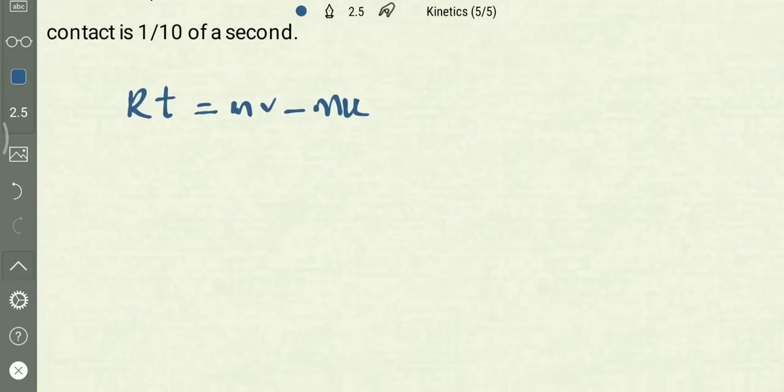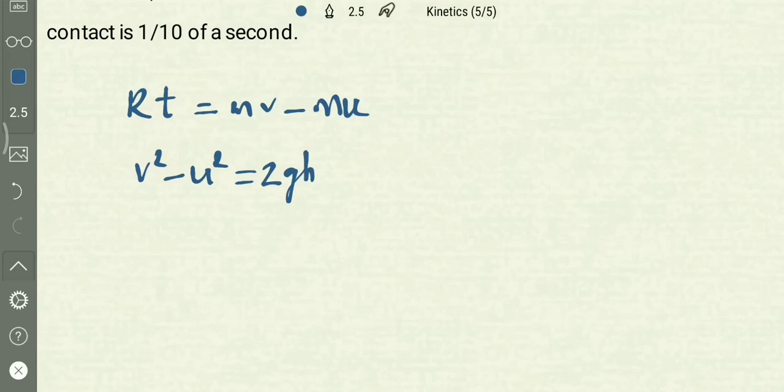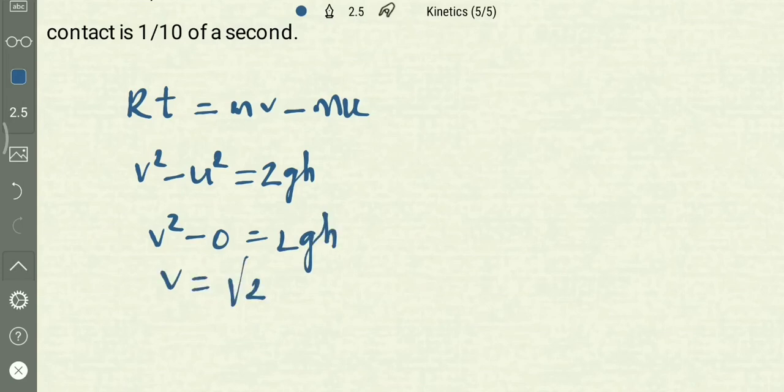In the kinematics equation we have seen that v squared minus u squared is equal to 2gh. As the body is dropped, the initial velocity will be 0, so v is given by the square root of 2gh.